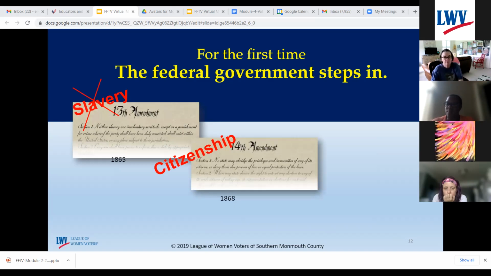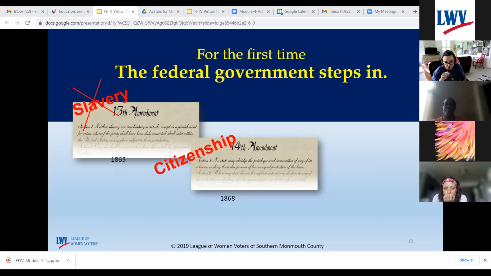In 1868, the 14th Amendment made all people born in the United States, including the formerly enslaved, American citizens. This is the first time, by the way, that we have a definition of citizenship. Prior to this time, common law held that only 2 groups of people were citizens. Either they were white people born in or descendants of those people who were recognized as citizens by the states, or those who were born outside the boundaries but naturalized within.